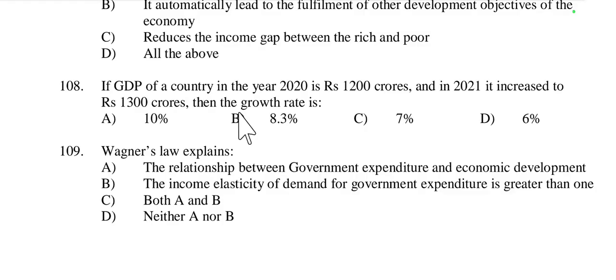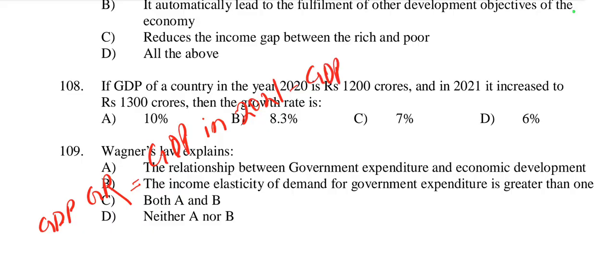The formula for GDP growth rate is equal to GDP in the current year minus GDP in the previous year, by GDP in the previous year. The current year is 2021.